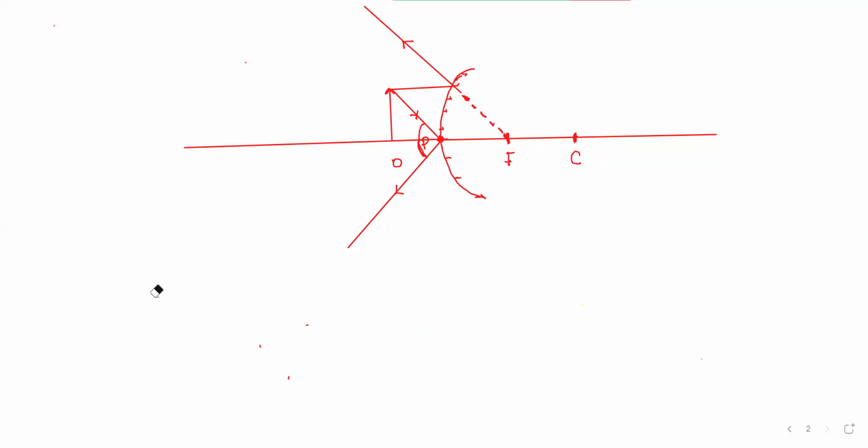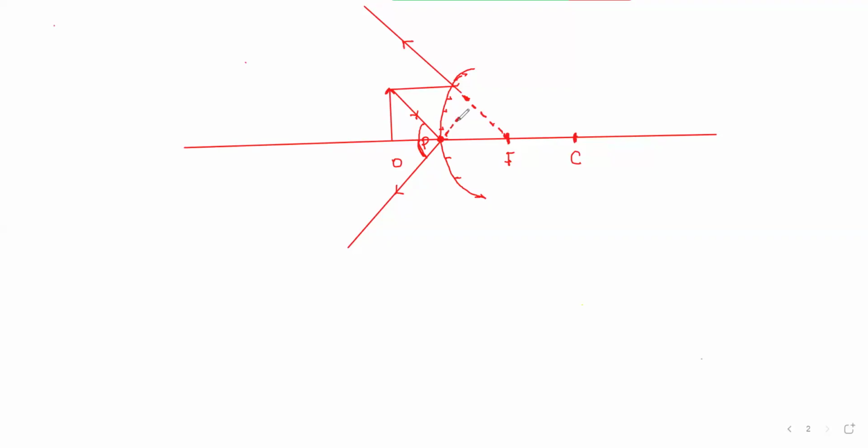Just as we did for the concave mirror when the object was between F and P, we extend the reflected rays back to where they appear to meet. That becomes the position of the image, and it's a virtual thing.